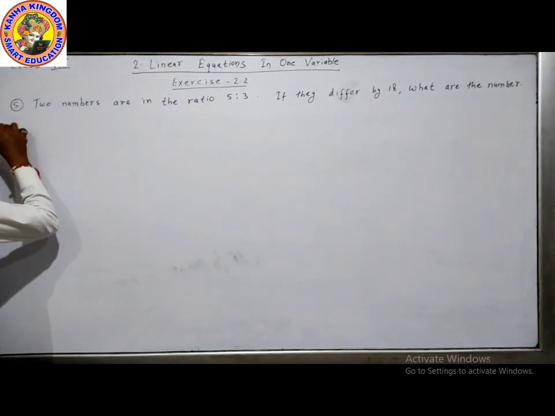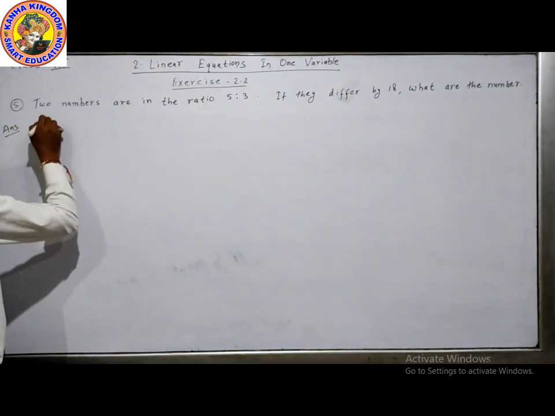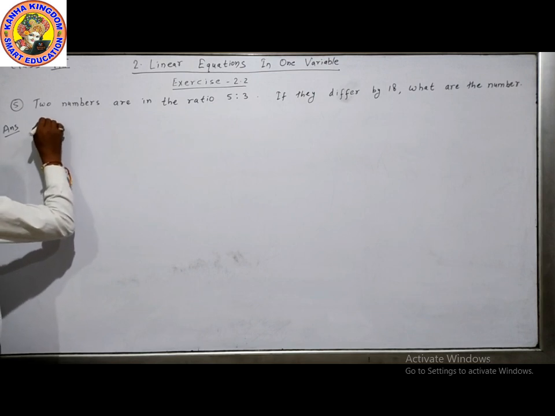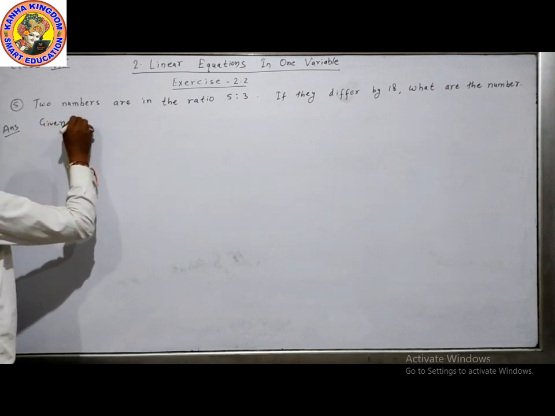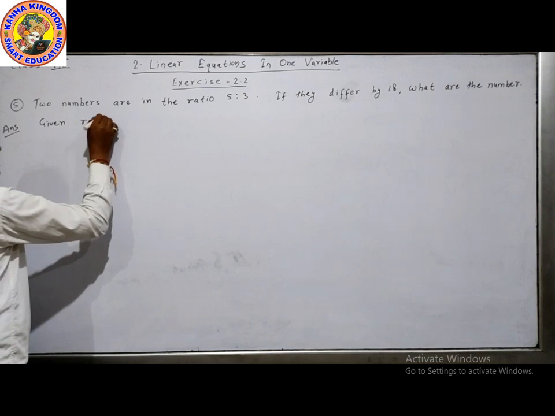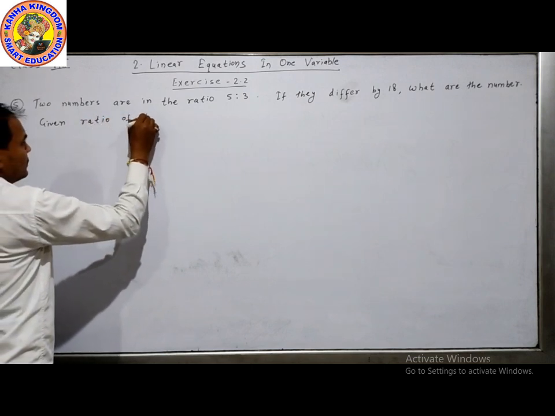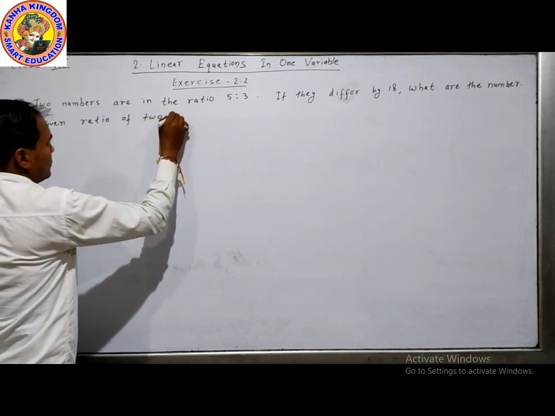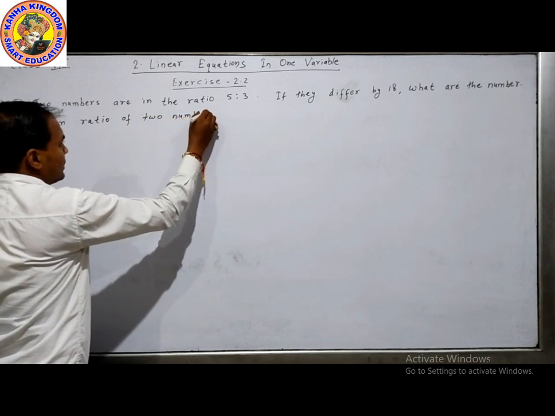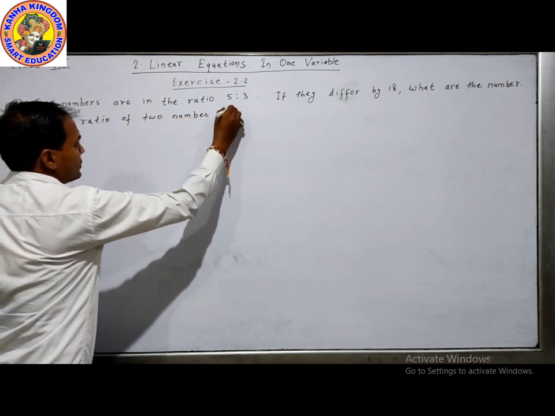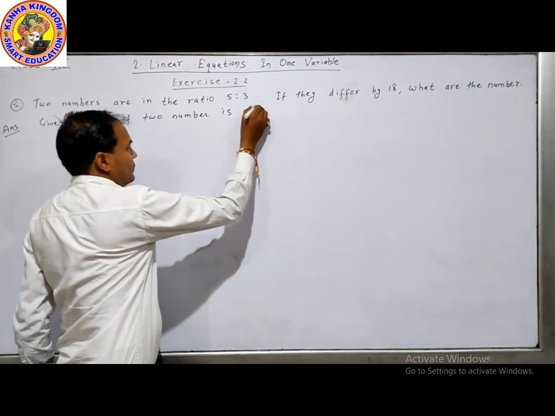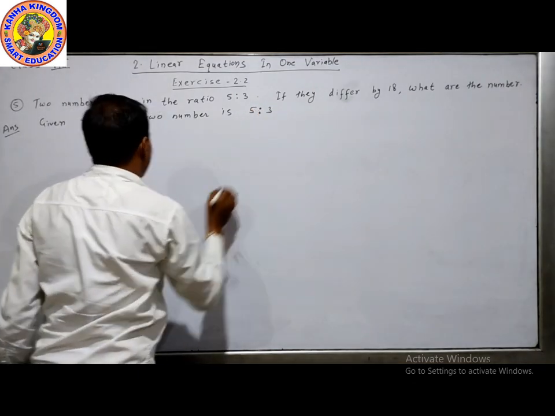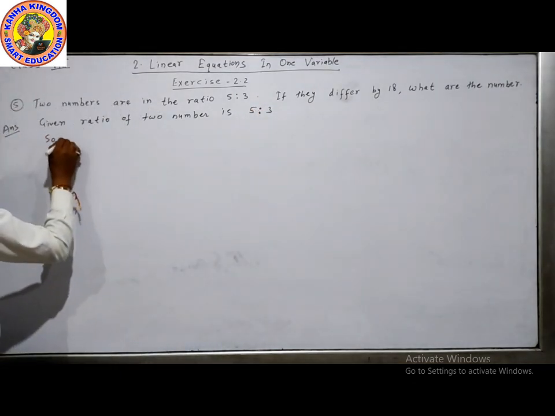So in the answer we write down: given ratio of two numbers is 5:3.